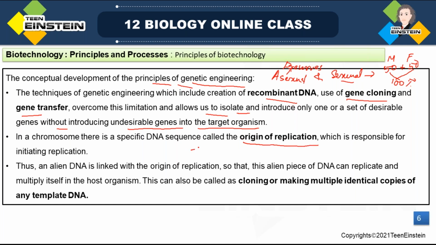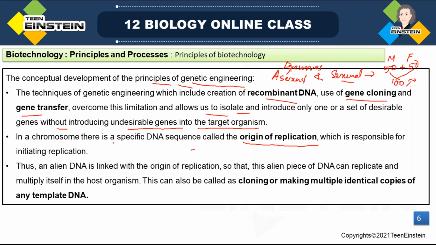Simply passing a piece of desired DNA into an organism, it won't multiply. But when it becomes part of the genome or genetic material of that organism, it gets the ability to multiply. A single piece can't multiply, but when it becomes part of that organism's genetic material, it will multiply along with it and come to the next generation.